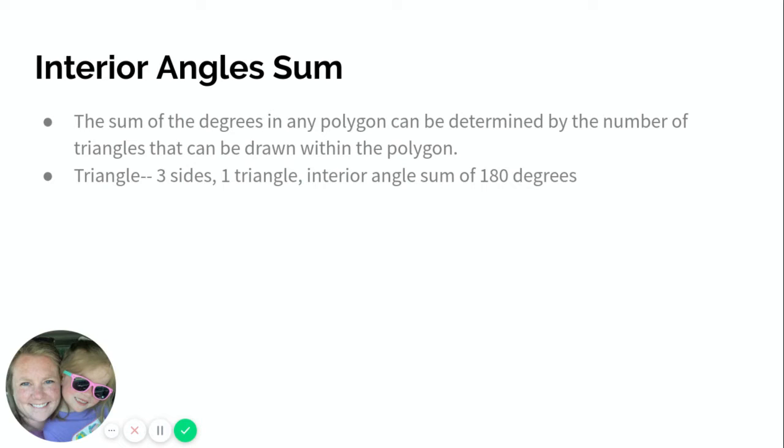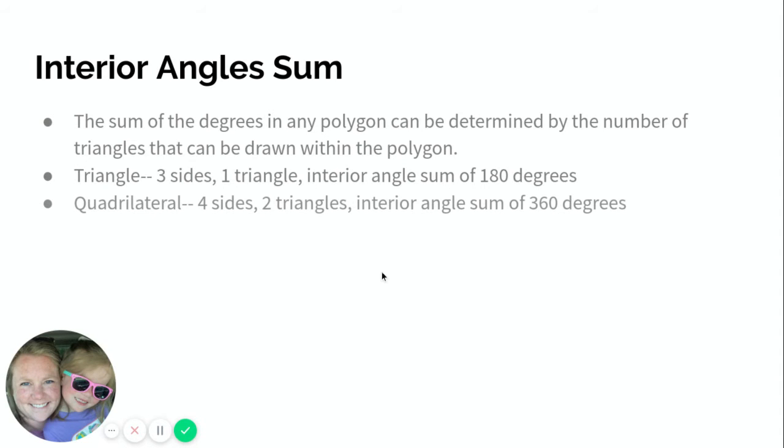The next shape is one with 4 sides. A 4-sided shape is called a quadrilateral. A quadrilateral can be divided into 2 triangles. So a shape with 4 sides has 2 triangles on the inside, and the interior angle sum is 360 degrees. Add all 4 of the angles together, you'll always get 360.